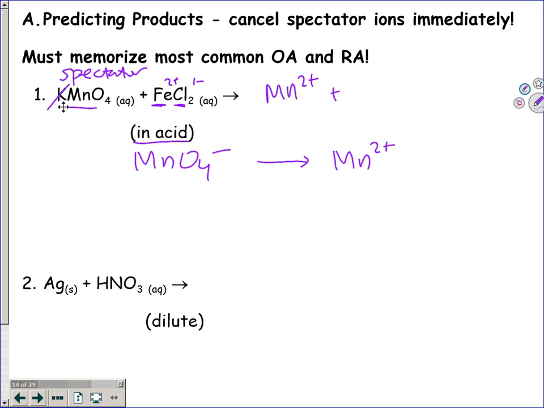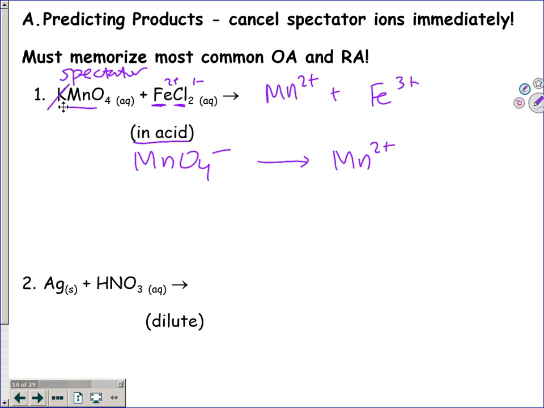Other metals, do we have an other metal? Yes, okay. Notice it says on your list, most metals and other metallic ions? So we have a metallic ion, so we're good to go. So let's look at our iron. It's going from a 2+, and it has to go to its highest oxidation state, which would be 3+. So we have successfully predicted our products.